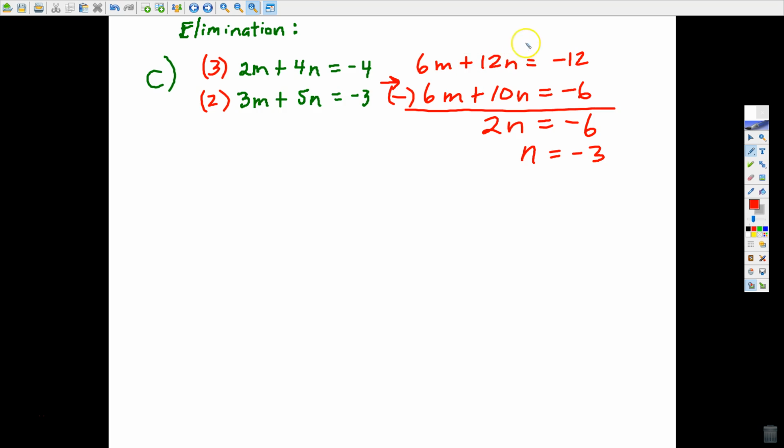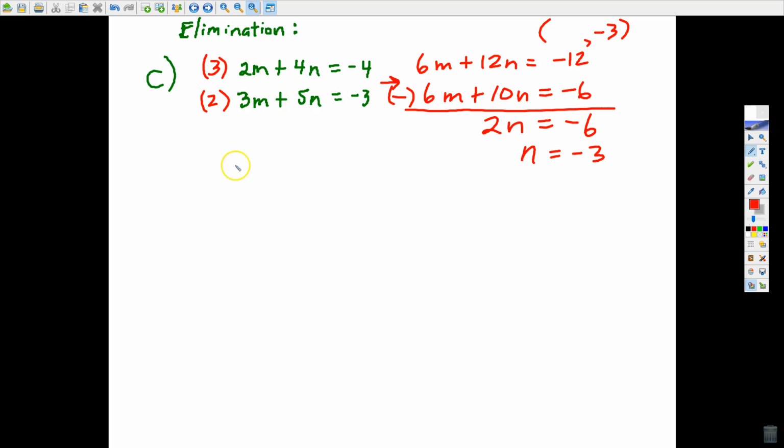So our solution will be the ordered pair m, n. Just remember m comes before n in the alphabet. So negative 3 will be the second of the two numbers in the ordered pair. So to find m, I just replace either of these n's with negative 3.